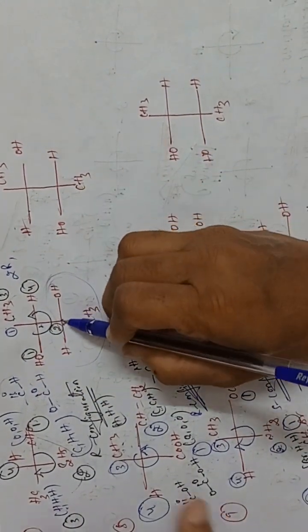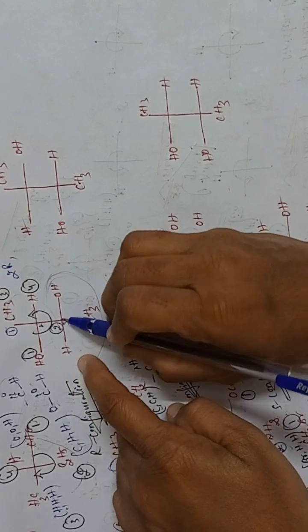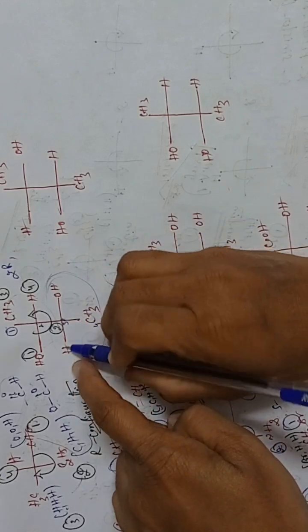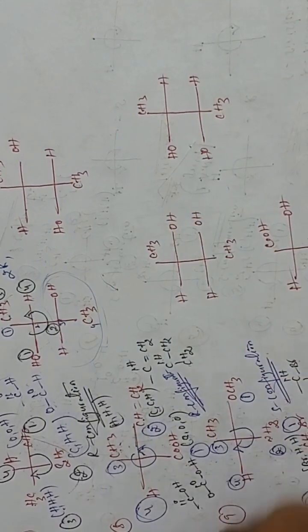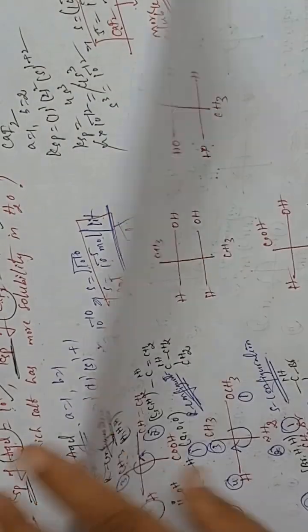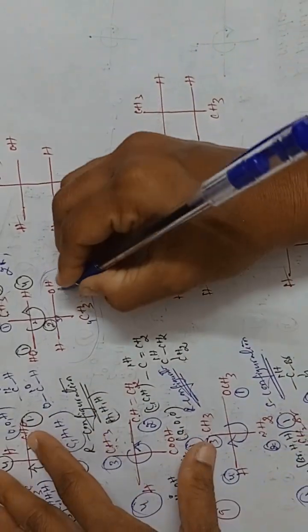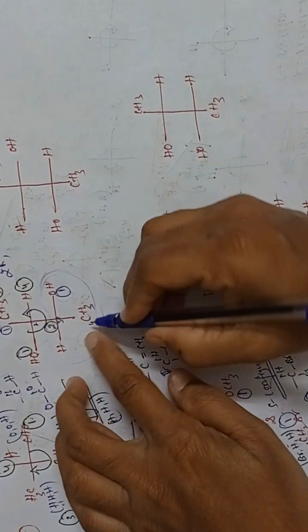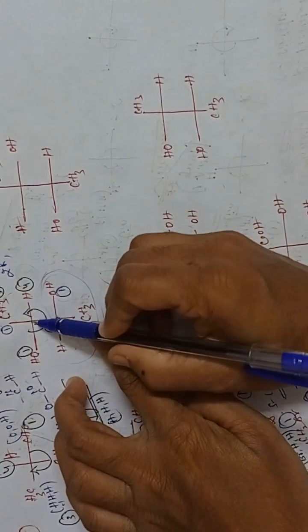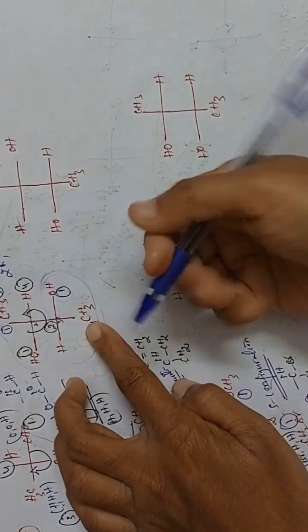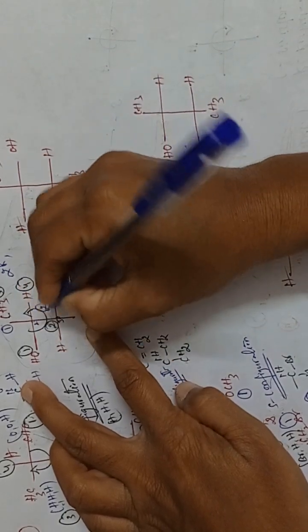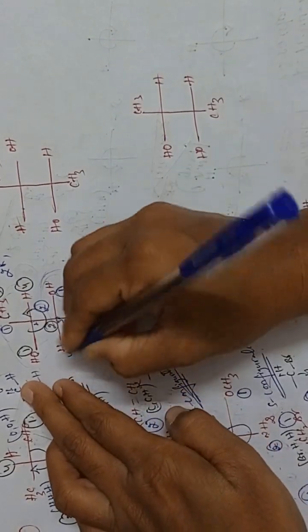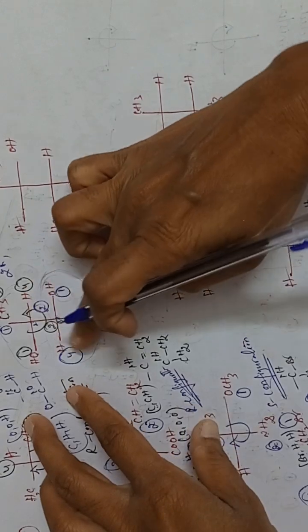Next, this carbon also we have to see, the chiral carbon. To this carbon, oxygen, carbon, hydrogen, and carbon are attached. Oxygen is the higher atomic number group, so this is the first priority. Second priority, this is carbon and this is also carbon, but it is a larger group, so you give the second priority to this carbon. This is third priority, this is fourth priority. 1, 2, 3.